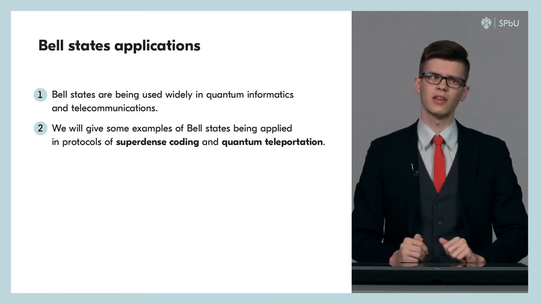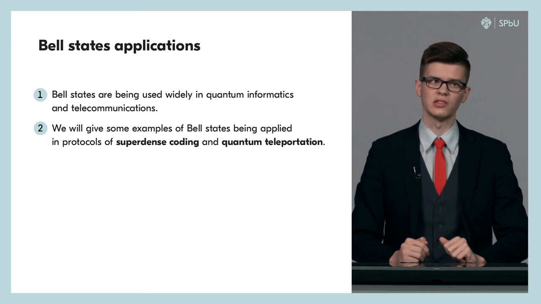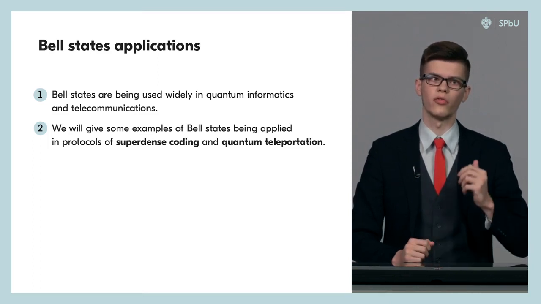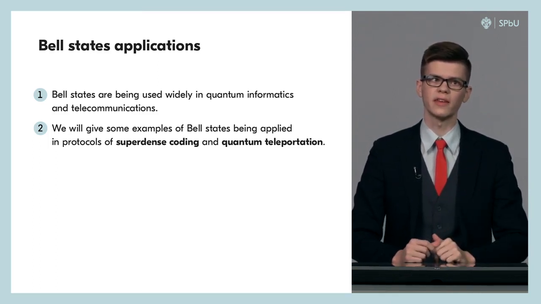Now, the entangled states, and in particular the Bell states, are widely being used in quantum informatics and telecommunications. However, when they were first discovered, the Bell states acted as the driver for the critique of the basics of quantum mechanics. That's why the Bell states we considered are sometimes referred to as EPR pairs.